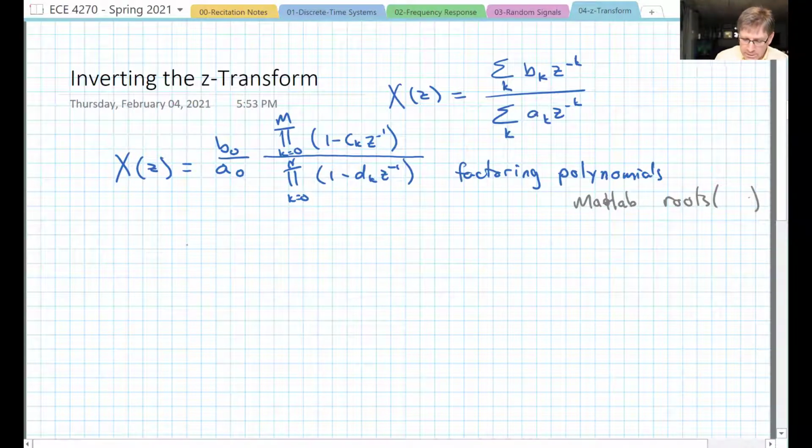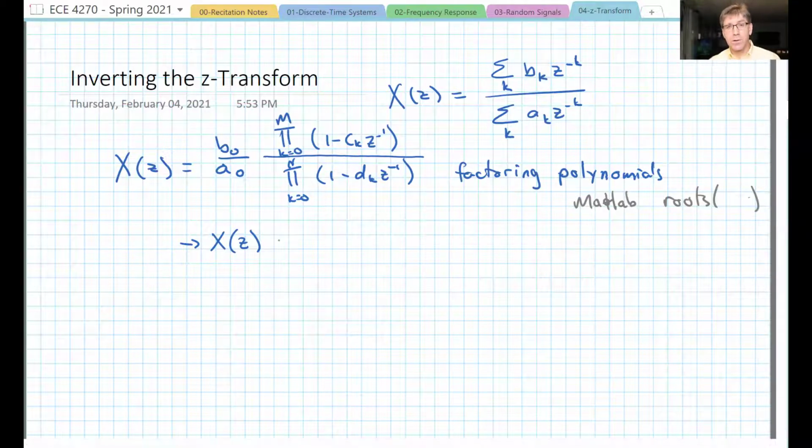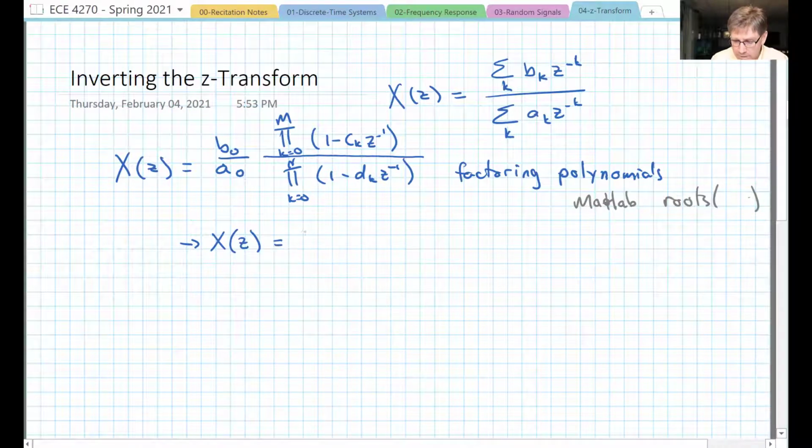If you ever get one big enough that you have to do that, you can also just use another function in MATLAB called residuez, which completes this whole operation, because our next step is going to be to do a partial fraction expansion.